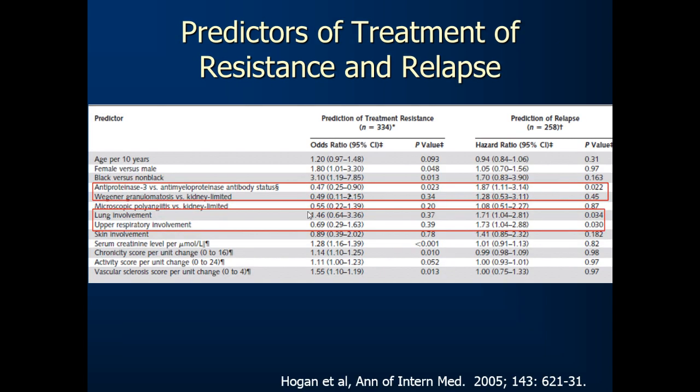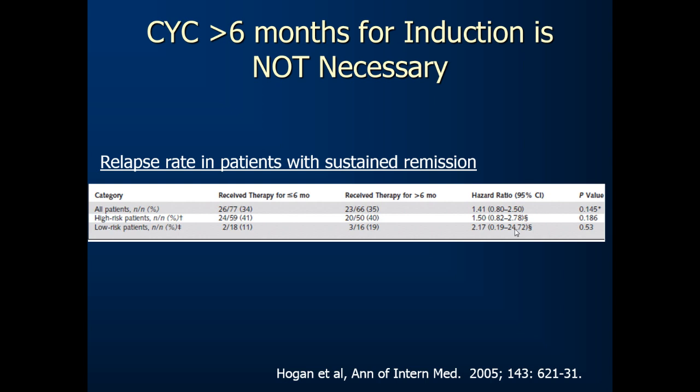And the other predictor was if they were given a diagnosis of GPA. In looking at the hazard ratio, having antiproteinase 3 carried a 1.87 hazard ratio of having relapse, and lung involvement 1.71. So the patients that we're seeing in our clinic tend to have a higher risk of relapse.